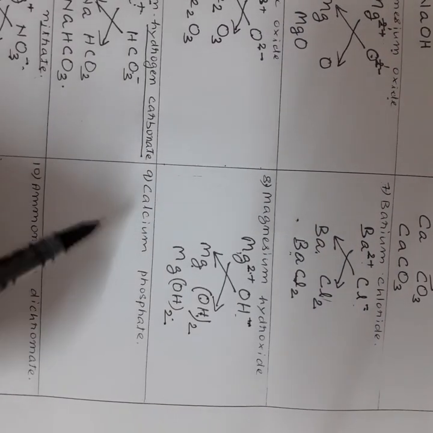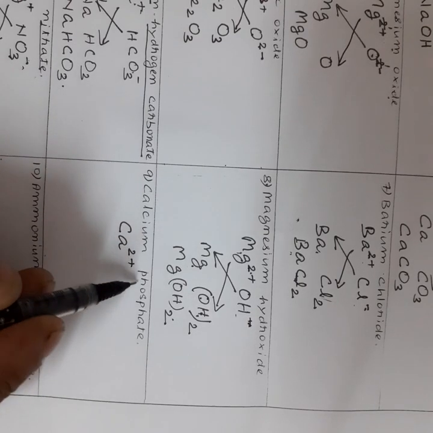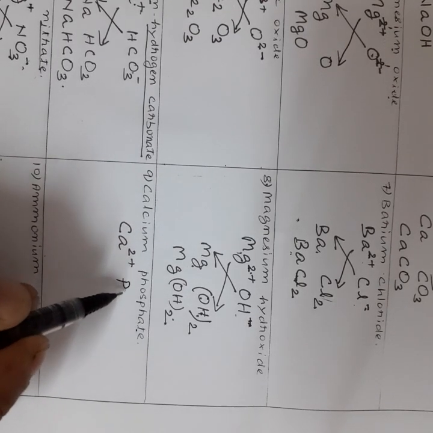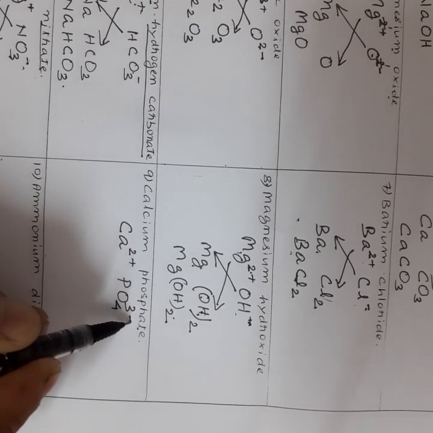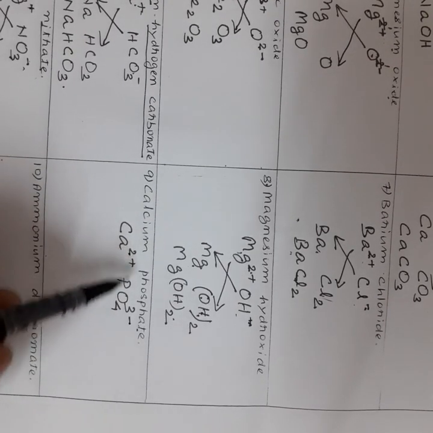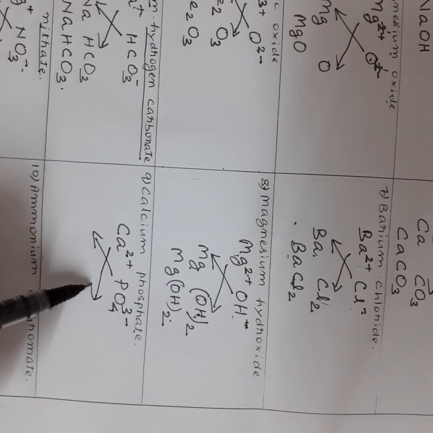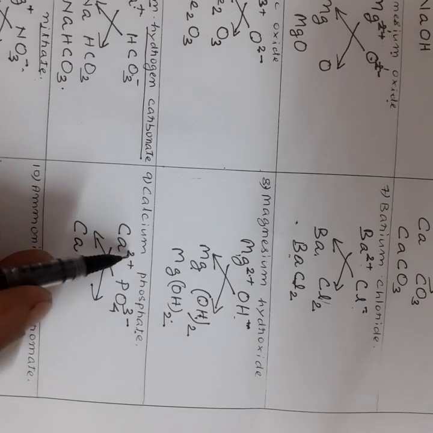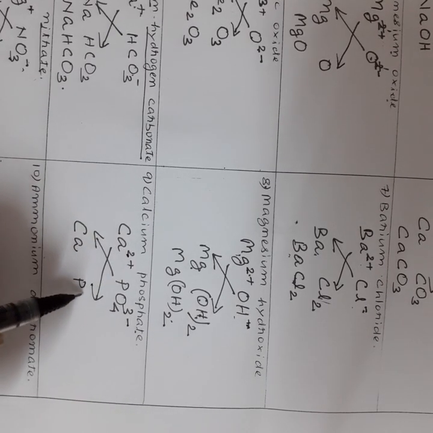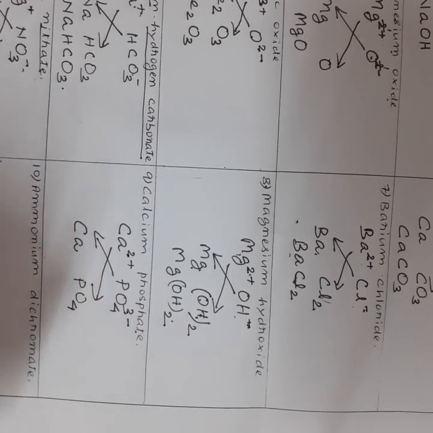Okay, next is calcium ion, Ca2 plus, phosphate ion, PO4, 3 minus, we know that. Now this valency 2 and 3 can cancel. So we just go to the third step, crisscross the valency, which means we write the Ca without a 2 plus. We write this phosphate symbol PO4 without the top number 3 minus.